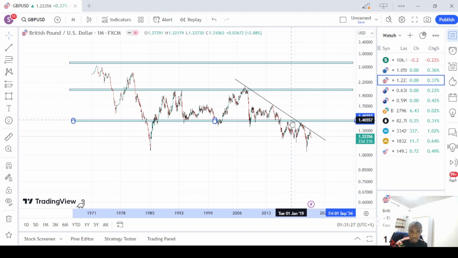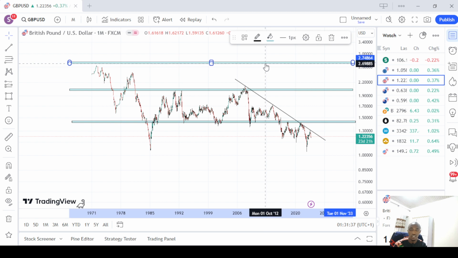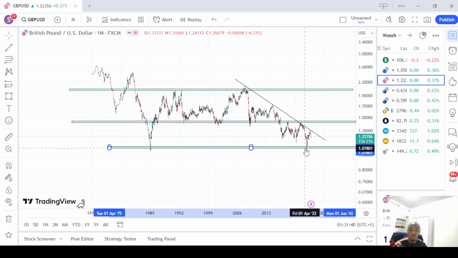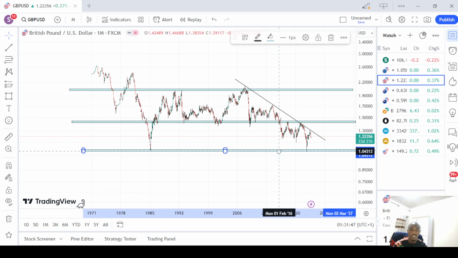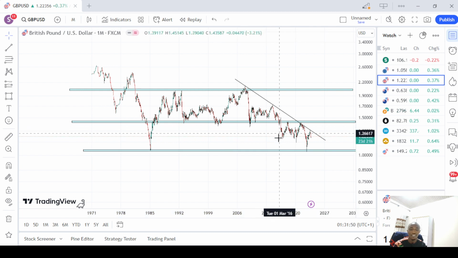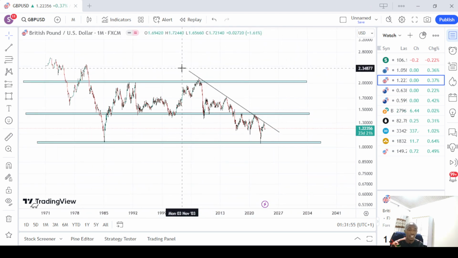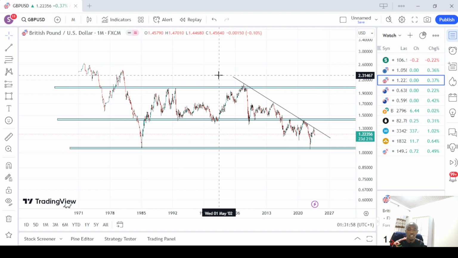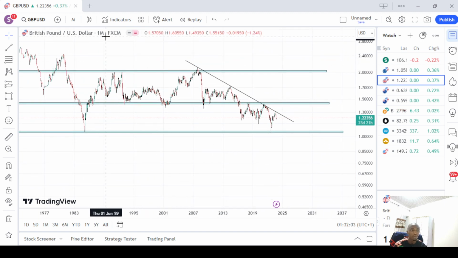Then I take the third clone and bring it right here. So you can see that I'm done with the monthly time frame.